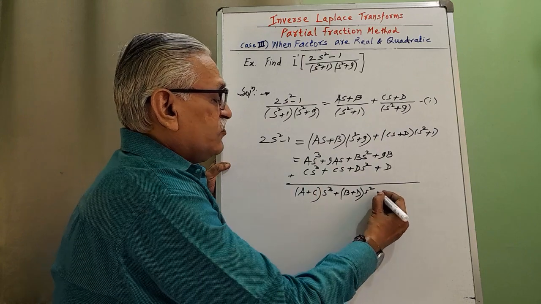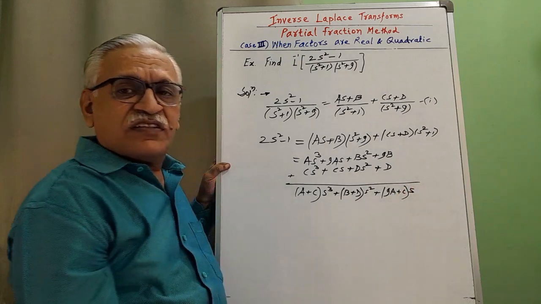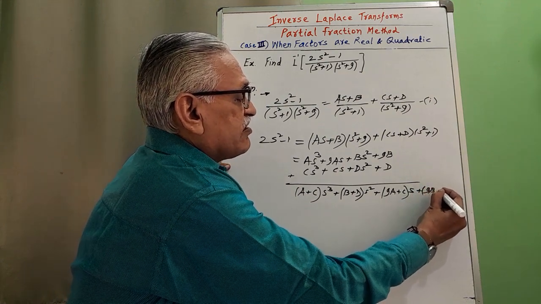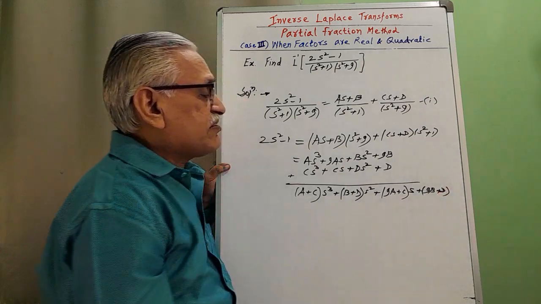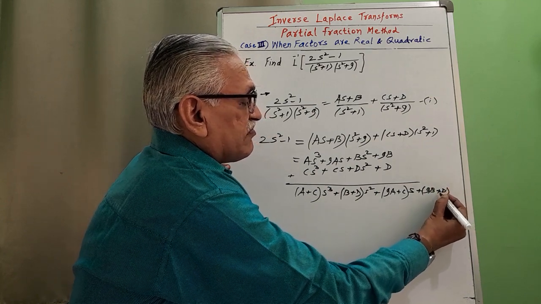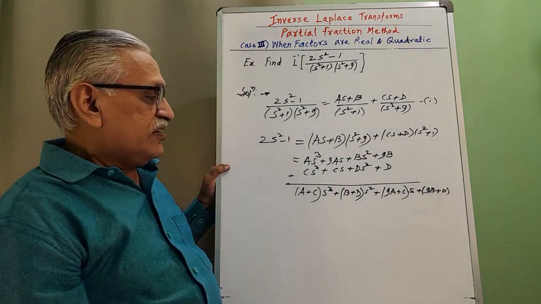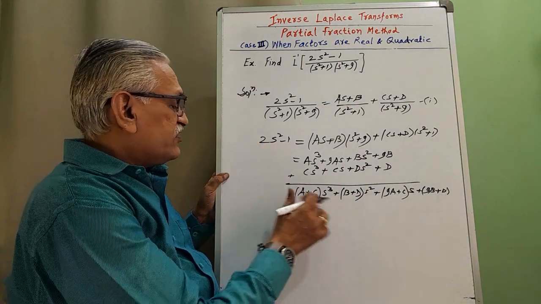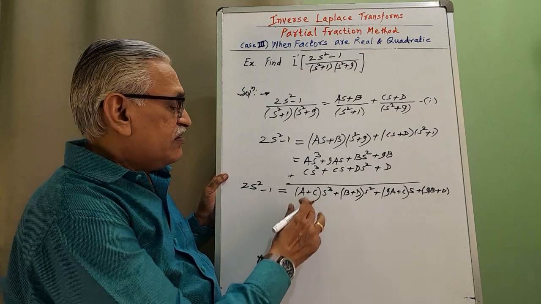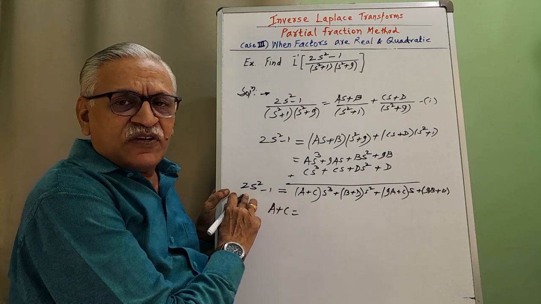Then collecting the terms of s, we have (9A + C) into s, and then the constant term, addition of constant terms, it is 9B + D. And comparing this with 2s² − 1, the coefficient of s³ is A + C, and there is no term of s³ on the left hand side.